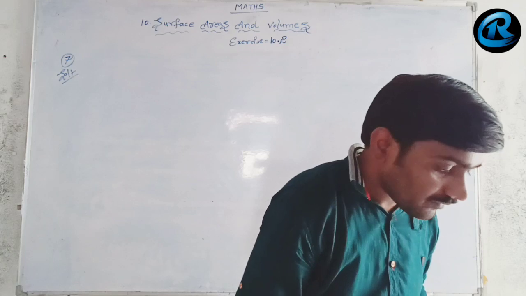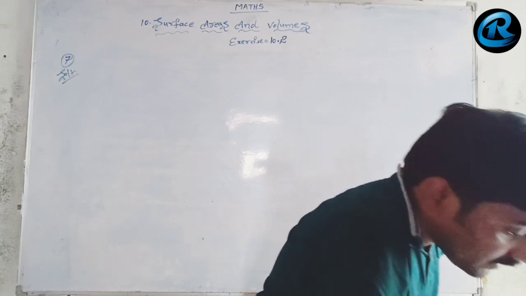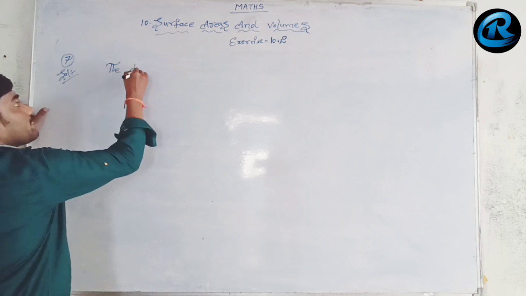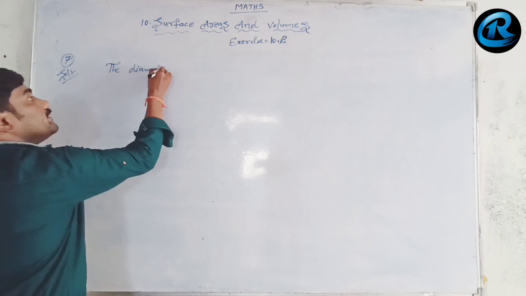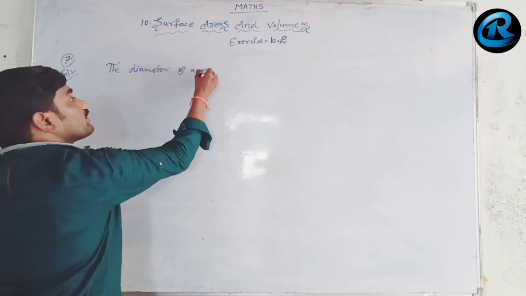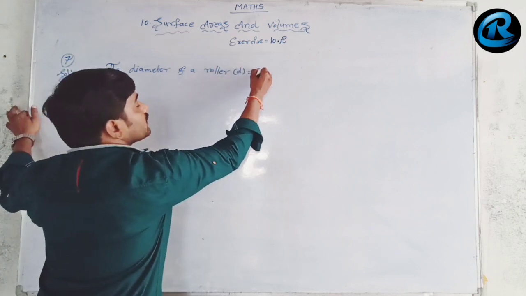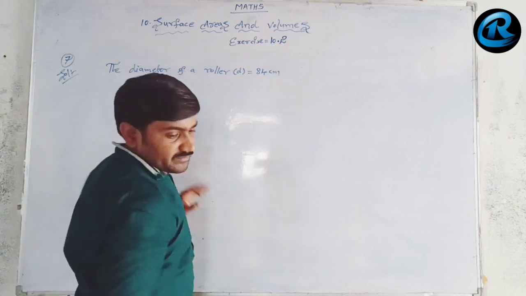As given, the diameter of a roller D equal to 84 centimeters.